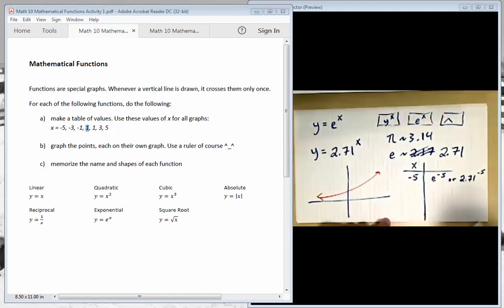But what I could tell you is that from our list, when x is 0, this is going to equal 1. When it's 1, we get an answer of 2.71. And then the others are going to be weird as well.